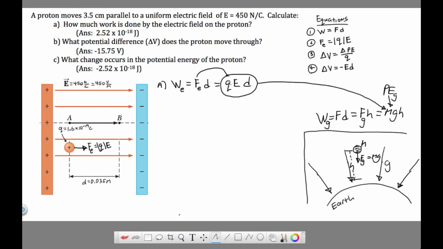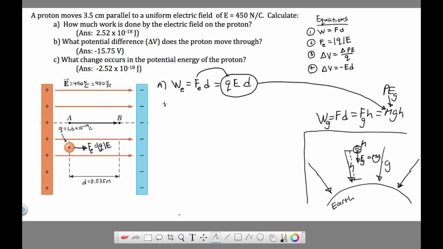The Q becomes m. Gravitational fields exert force on mass. Electric fields exert force on charge. So the Q becomes m, the E becomes g, and then D is the distance, and over here, h is the distance. And again, in the work equation, the force and the distance must be parallel, which they are here.